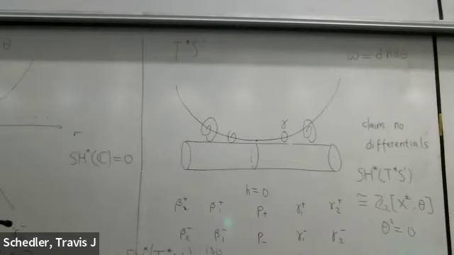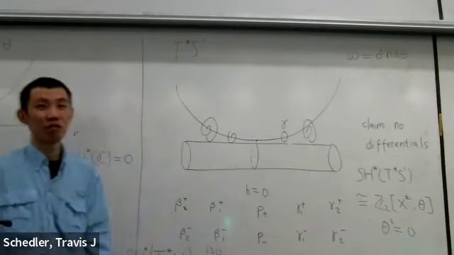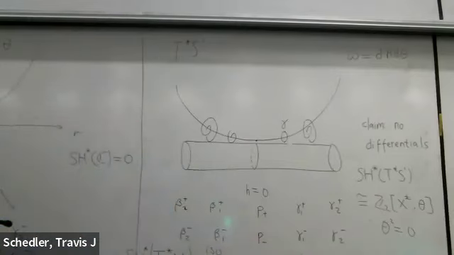Right, it has Z worth of components by wrapping around. Each component is a circle, and the homology of the circle is part of this. I see, yeah, that makes sense. It's Z's worth of circles.